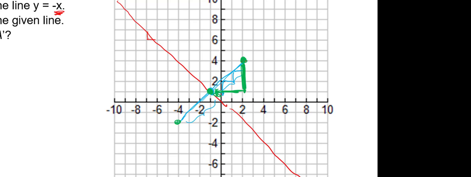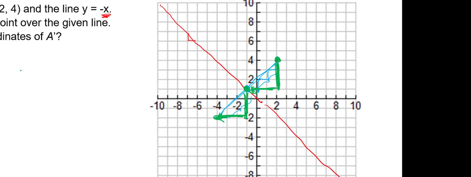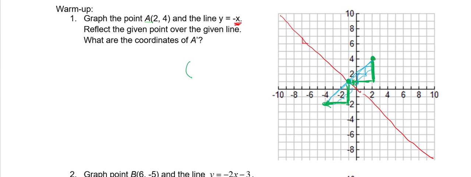I'm going to do the exact same thing: go down 3 and then to the left 3 to get to my point of reflection right there. So my point of reflection is going to fall at (-4, -2). And that would be my answer.